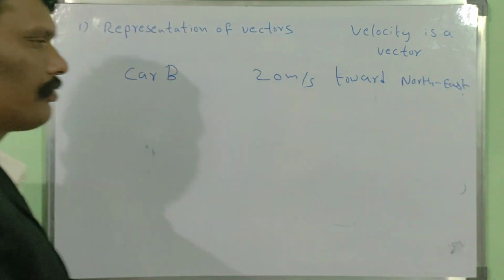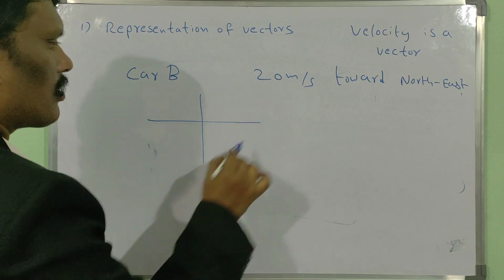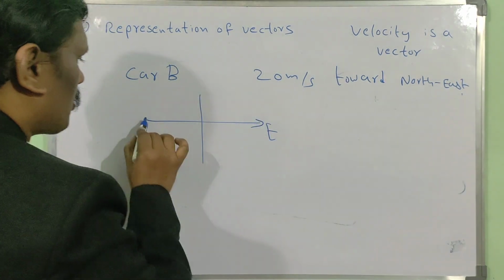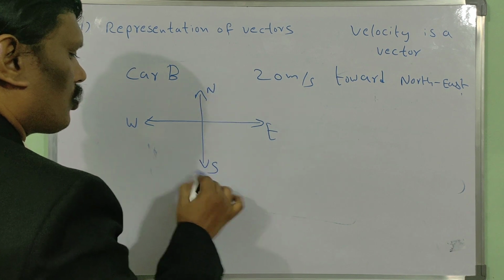Then how to represent it? We know the directions: this is the east direction, west direction, north direction, south direction.